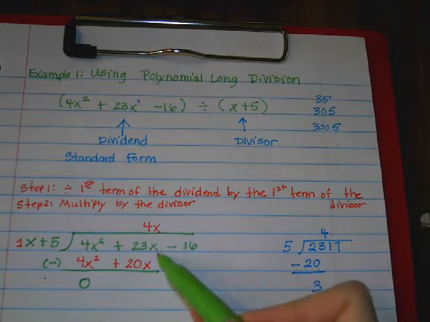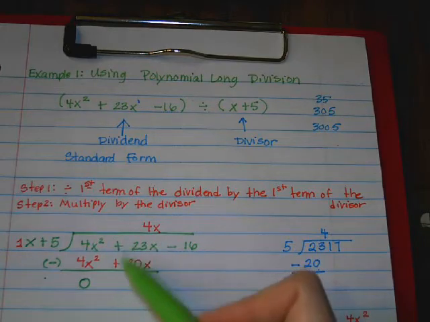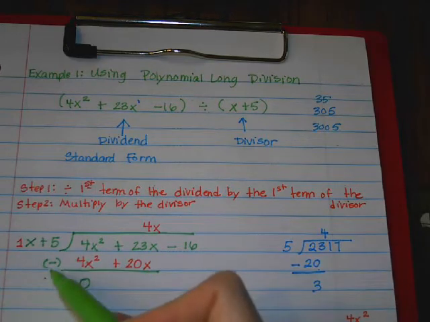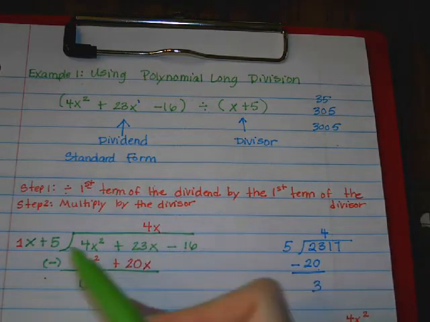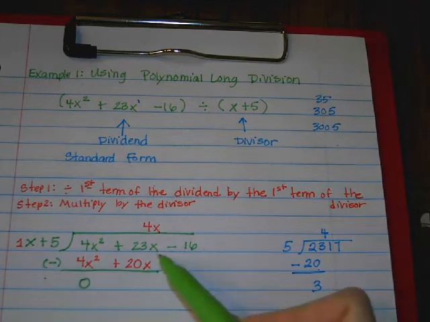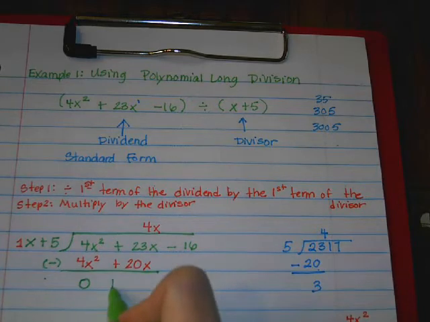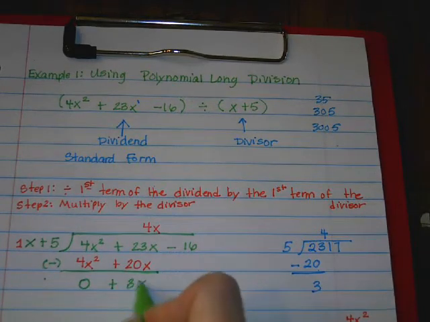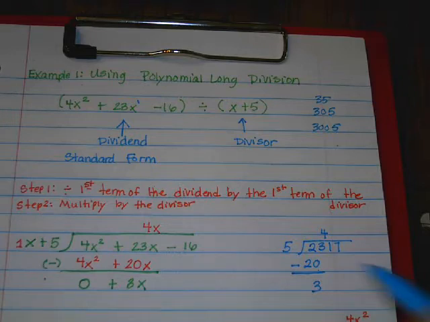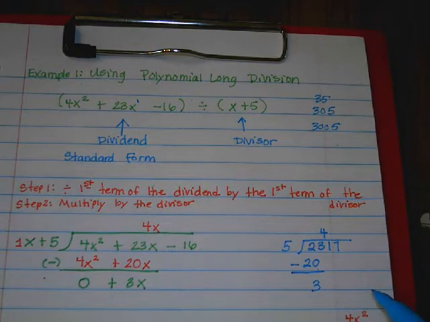We now have to subtract these guys. So it's important that you pay attention to their signs and you don't just add. You have to subtract. So 23 minus 20. So 23x minus 20x is equal to a positive 3x. So after we subtract, in normal division over here, what do you normally do? That is right, Lainey.